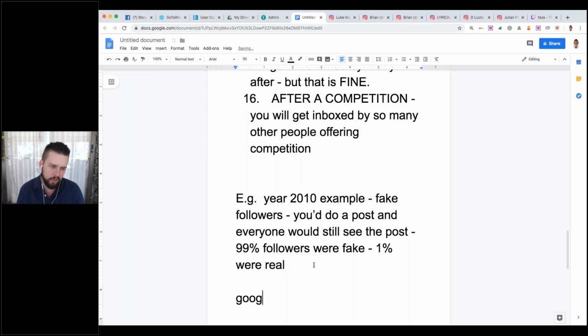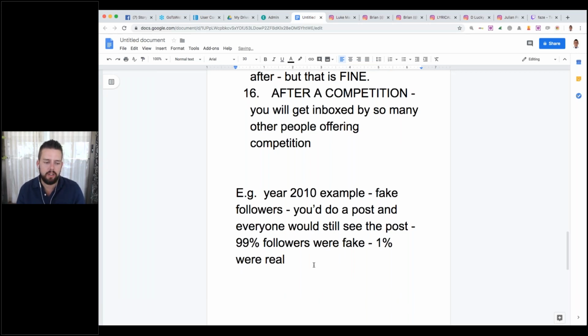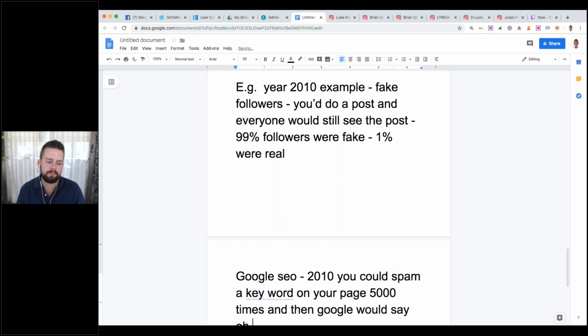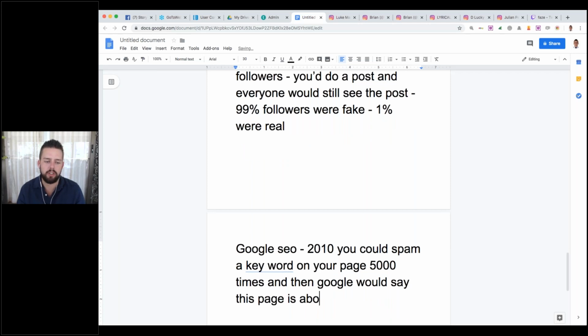Or with Google SEO, right? In 2010, you could spam a keyword on your page, say, I don't know, 5,000 times, and then Google would say, this page is about plastic surgery because the word plastic surgery is there 5,000 times.